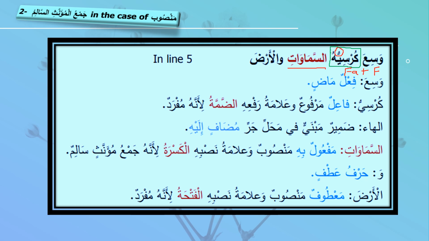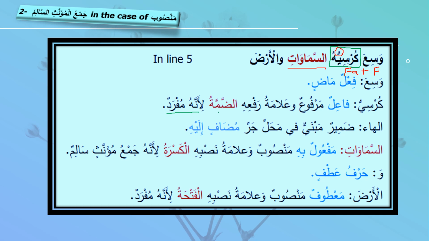So wasi'a is fi'l madi. Kursiyu here refers to the throne of Allah subhanahu wa ta'ala. Kursiyu is the fa'il marfu', wa alamatu raf'ihi ad-damma li'annahu mufrad. And his throne extends from samawat. Why is sama made plural here? Because, as you know, Allah has created seven skies and there is one land. So that's why.